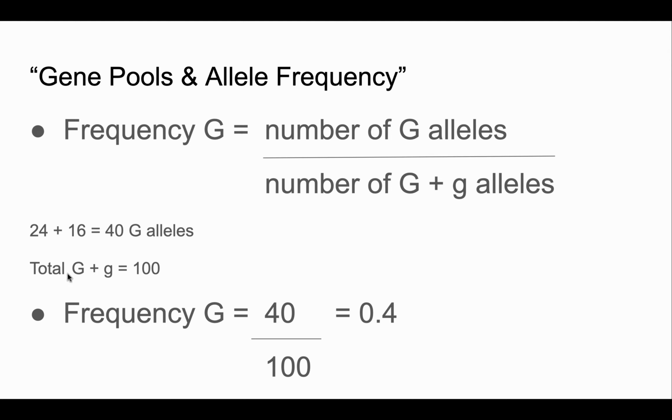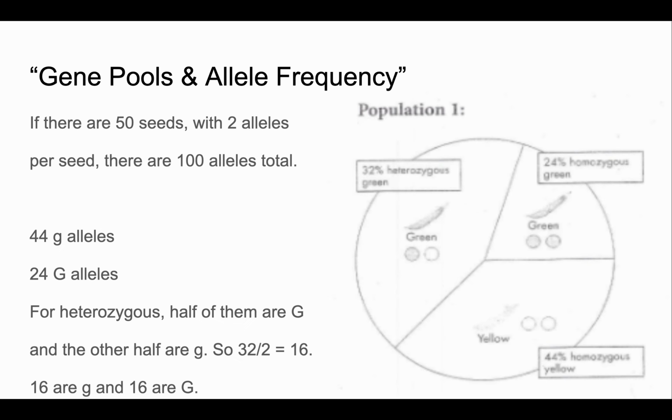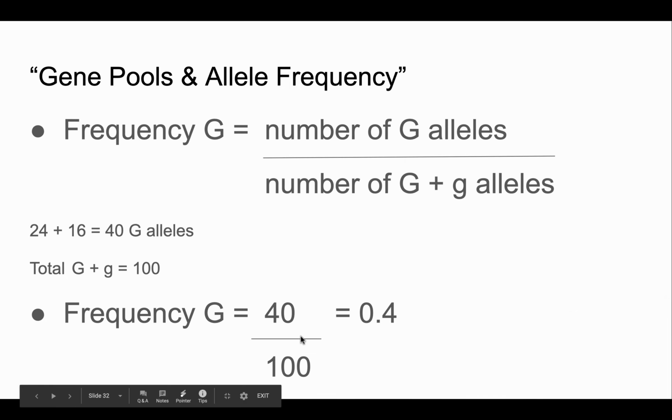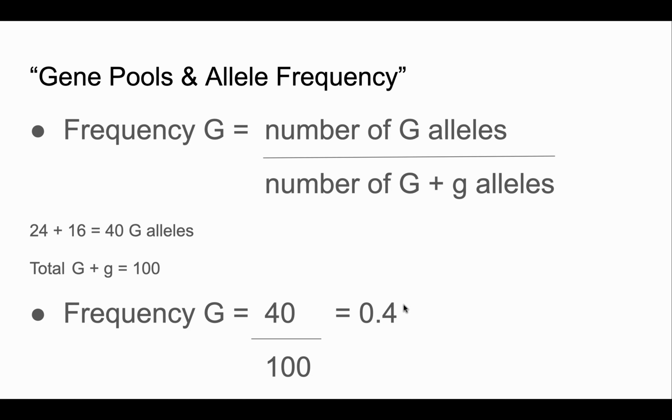Then we also need the total of big G and little g. That was 100, because we're assuming there's 50 individuals, 50 seeds, with 2 alleles each, so 100 total alleles. Now we're ready to do the math. 40 divided by 100 is 0.4, so your frequency of big G would be 0.4, or if you multiply that by 100, 40%.